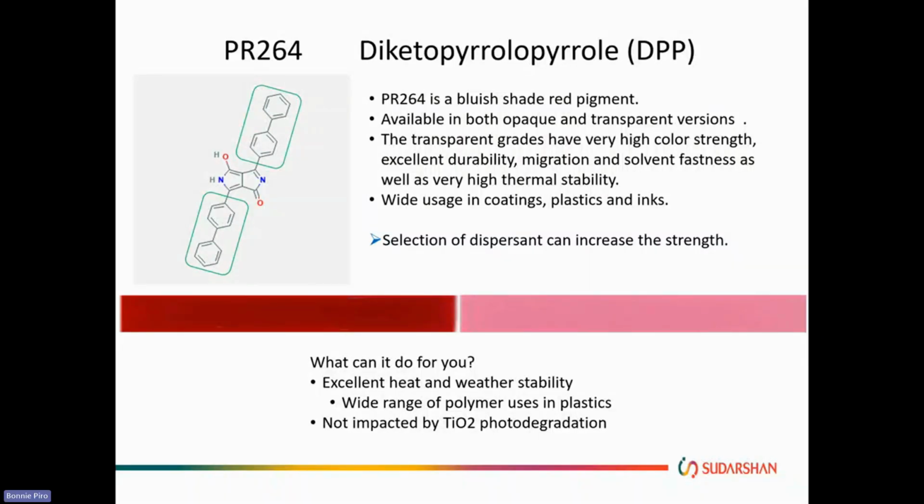What can Red 264 do for you? It definitely brings those high performance technical properties to your formulation. This chemistry is not impacted by the TiO2 photodegradation, so it's excellent with respect to all shades of color with respect to weatherability.